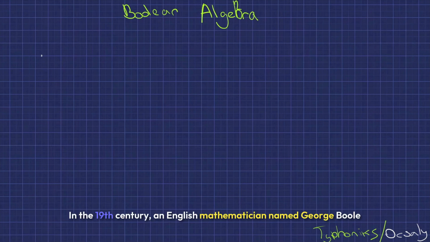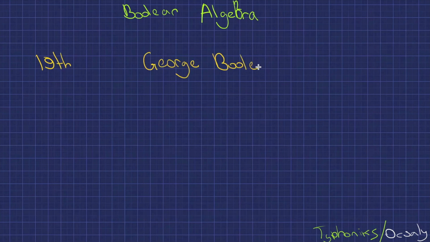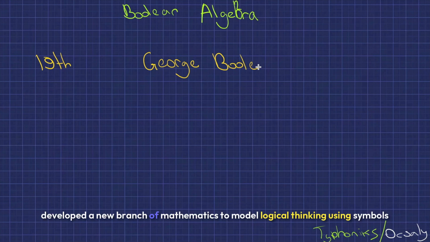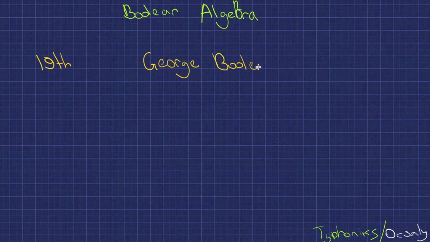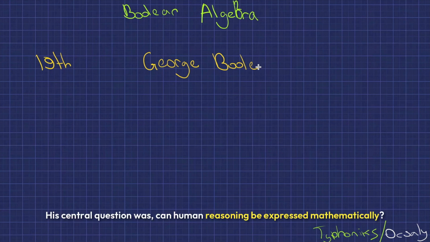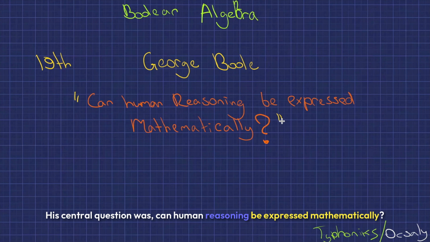In the 19th century, an English mathematician named George Boole developed a new branch of mathematics to model logical thinking using symbols and equations. His central question was, can human reasoning be expressed mathematically?